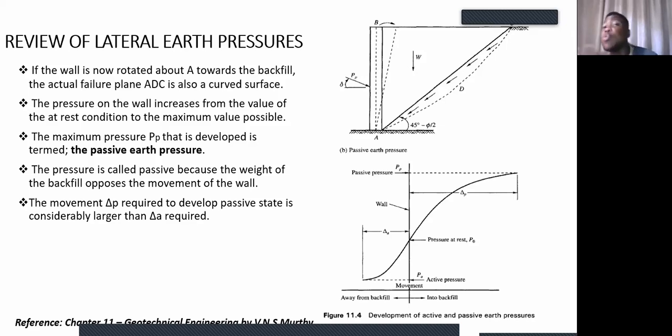Now, you want to move towards the direction, which is not common sense to me, but it can happen based on what we have here. So that is why the displacement required for the passive pressure is considerably larger than that required for the active pressure. So let's move as fast as we can.